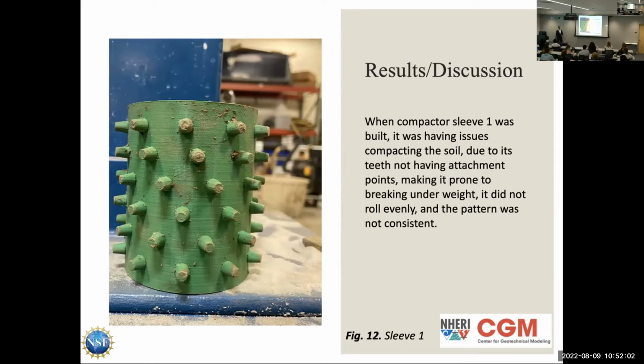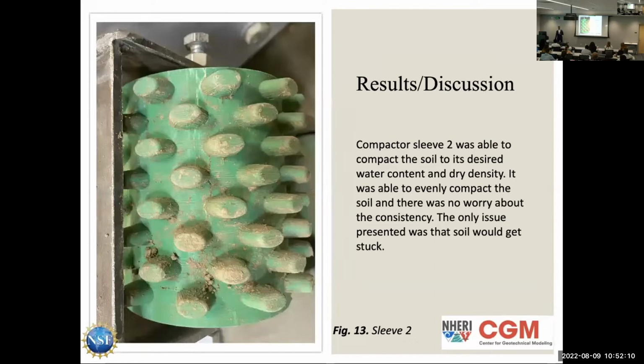But that's also an issue because the surface area that it compacts is a lot less compared to the second one. So basically the second one actually did its compaction well. There weren't any issues with it, and since there's a lot more teeth and less space, the compactive area was pretty good, so it did its part well.